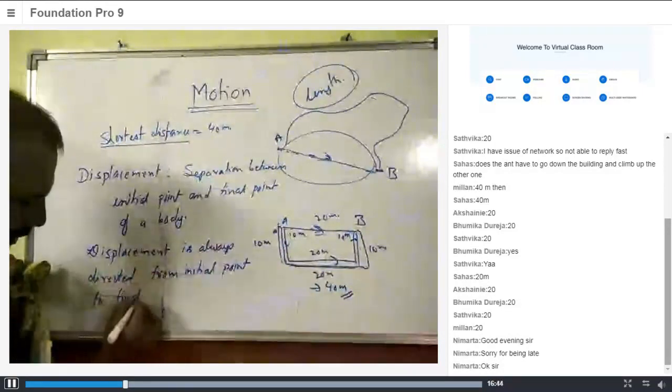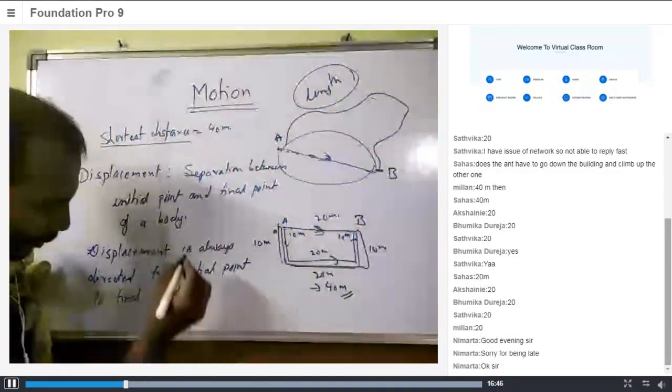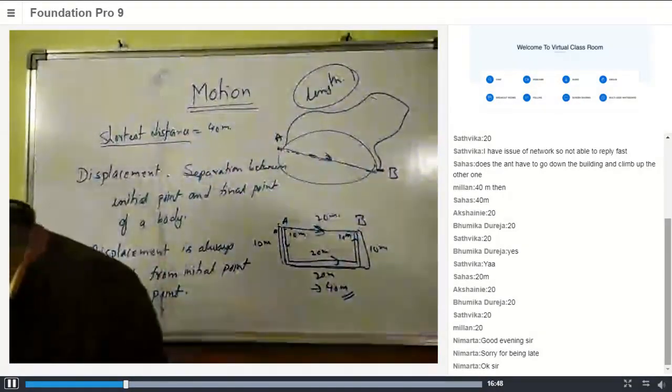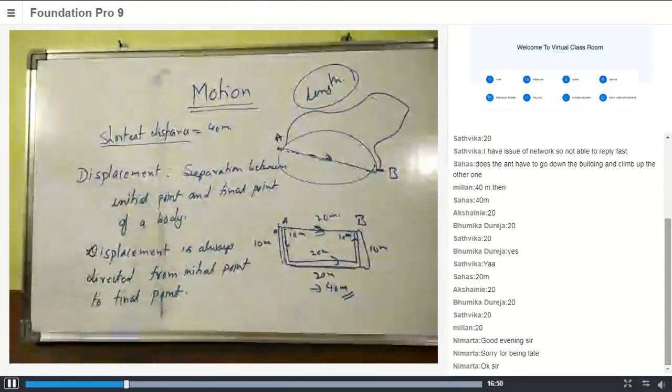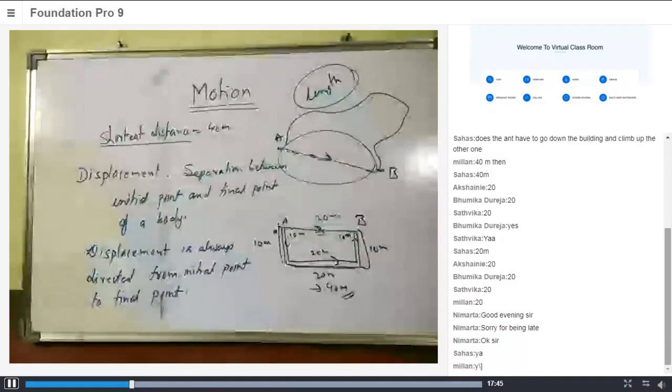So displacement is always directed from the initial point to the final point. I hope it is clear. Is that okay? So you can quickly take it down. Displacement is the separation between the initial point and the final point of a body. Sahas and Milan, is that fine? That's great.